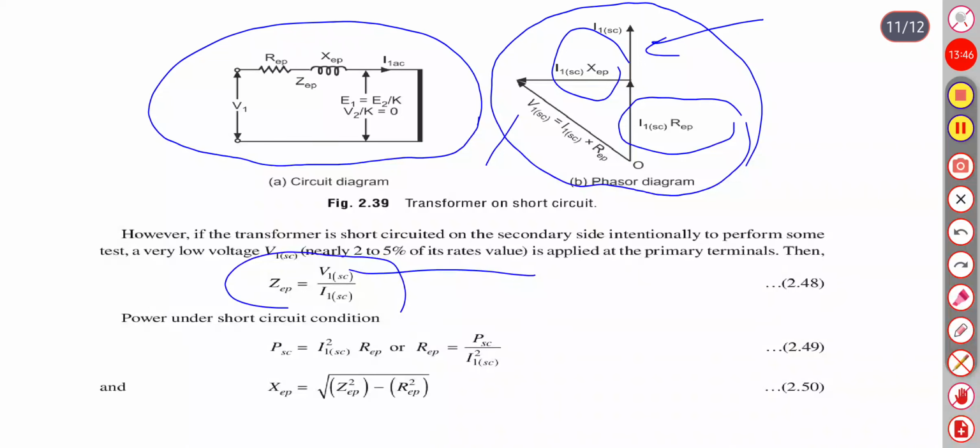Then we get the equivalent impedance. Power under short circuit can be calculated by the equation I square R, and REP is nothing but the power divided by current squared, and equivalent reactance will be this.